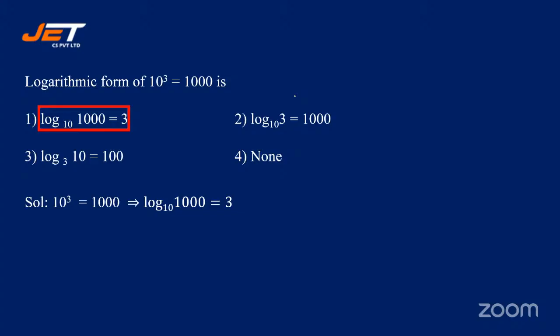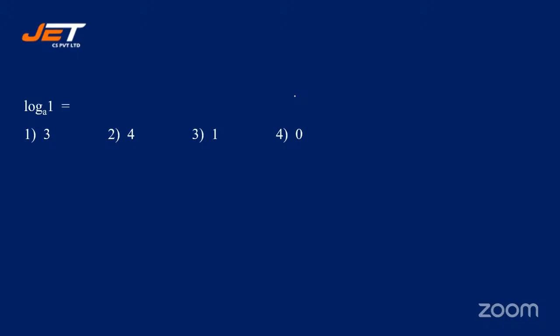Always, the power will go as the numerator. Next, log 1 base a is dash. What is log 1 base a? It is nothing but 0.